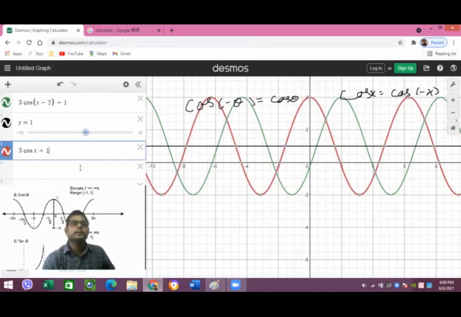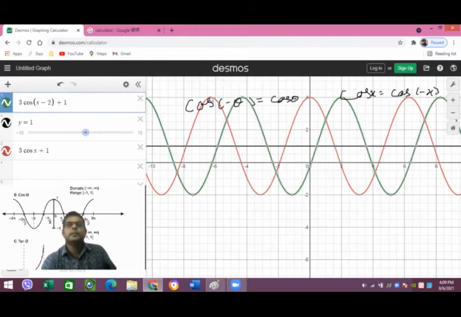So you can see that as you have deducted 2 from x, the original graph, if you suppose this in the red color, has been shifted 2 units ahead, means 2 units towards the positive x-axis. So you can see that this is 2 pi for this graph. Then because of -2, it has gone 2 units right from here. So this is -2 pi, then this is definitely -2 pi plus 2. Okay, so -2 pi plus 2.